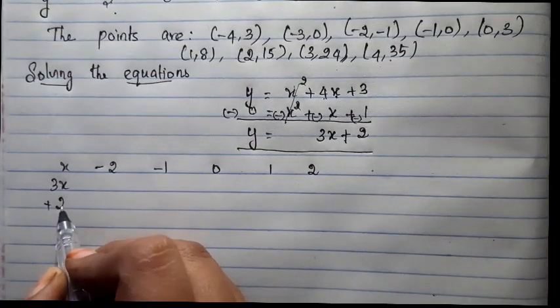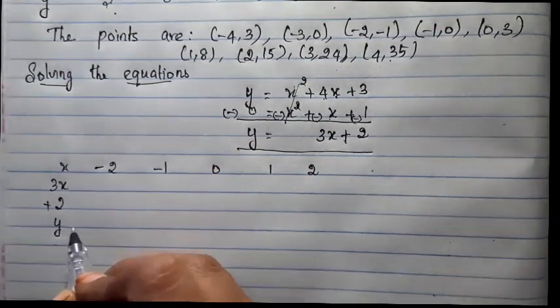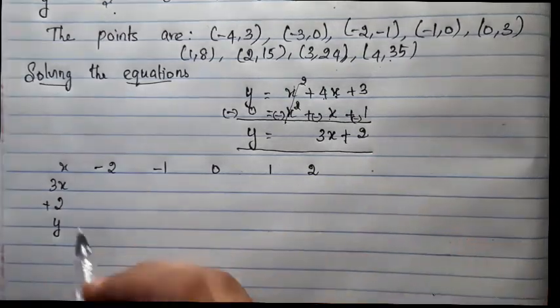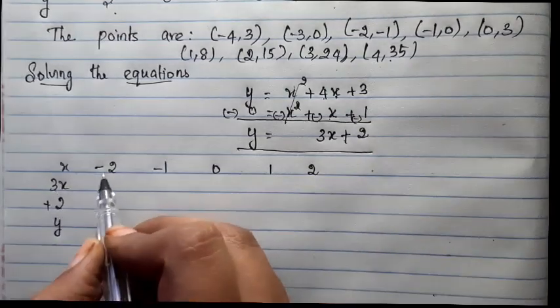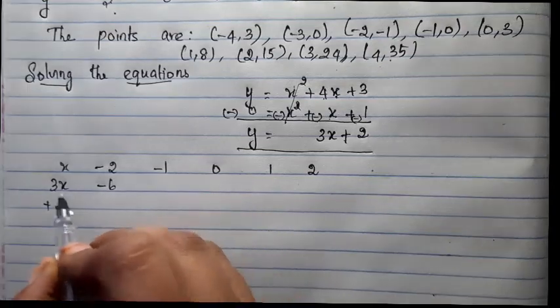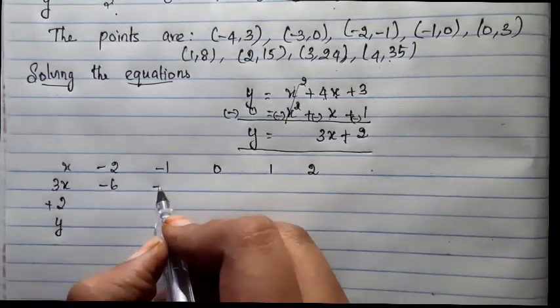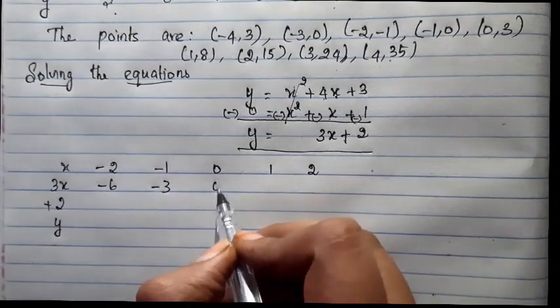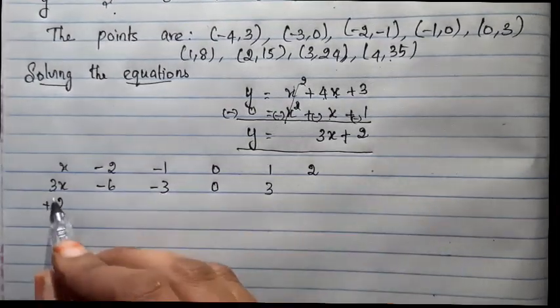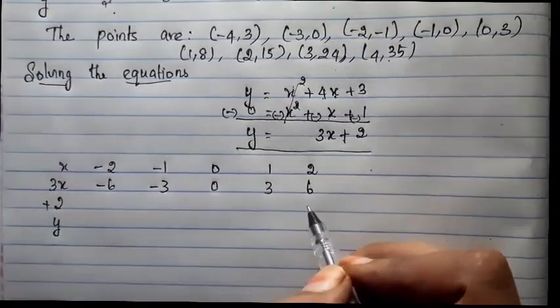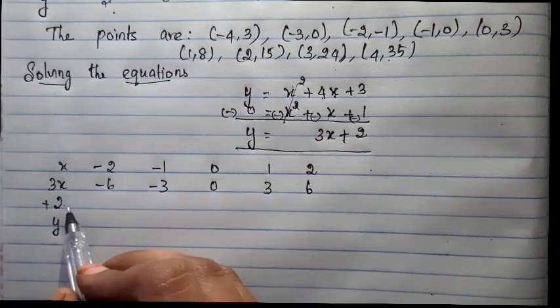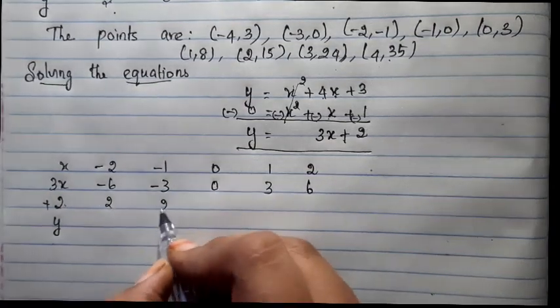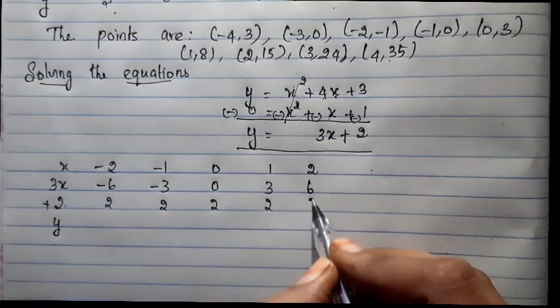Then when we solve this, we will get the value of y, because y equal to 3x plus 2. So 3 into minus 2, you will get minus 6. 3 into minus 1, you will get minus 3. Then 3 into 0, 0. 3 into 1, 3. 3 into 2, 6. Next, plus 2 is a constant term. It is constant for all the terms, so you can write 2, 2, 2 everywhere.